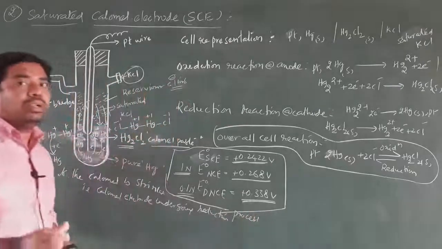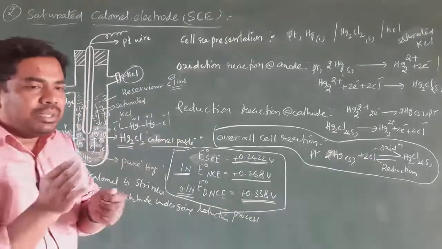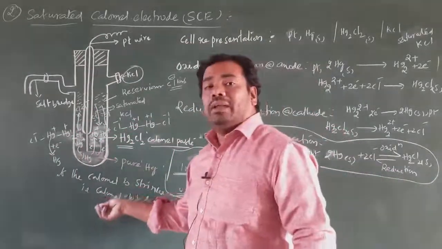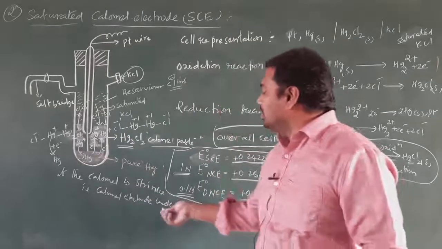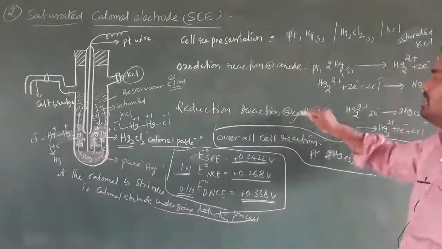Clear, student? If the calomel paste is shrinking, it indicates the calomel electrode is undergoing reduction, so this reaction is possible.